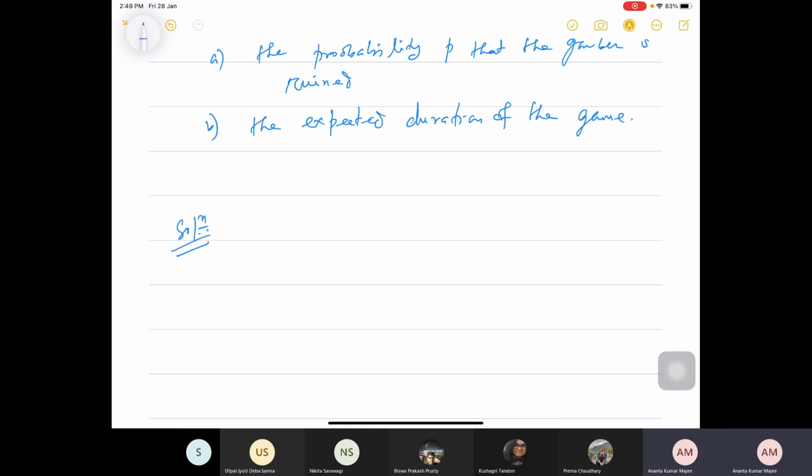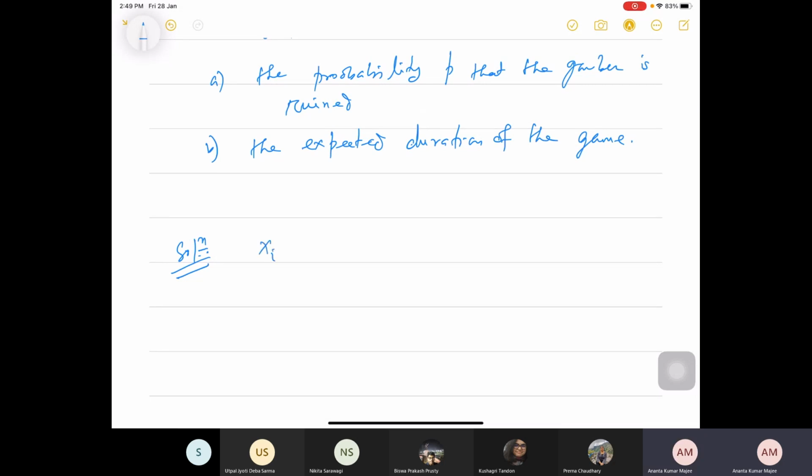If he wins, it will be $1 more, and if he loses, it will be $1 less, each with probability half.